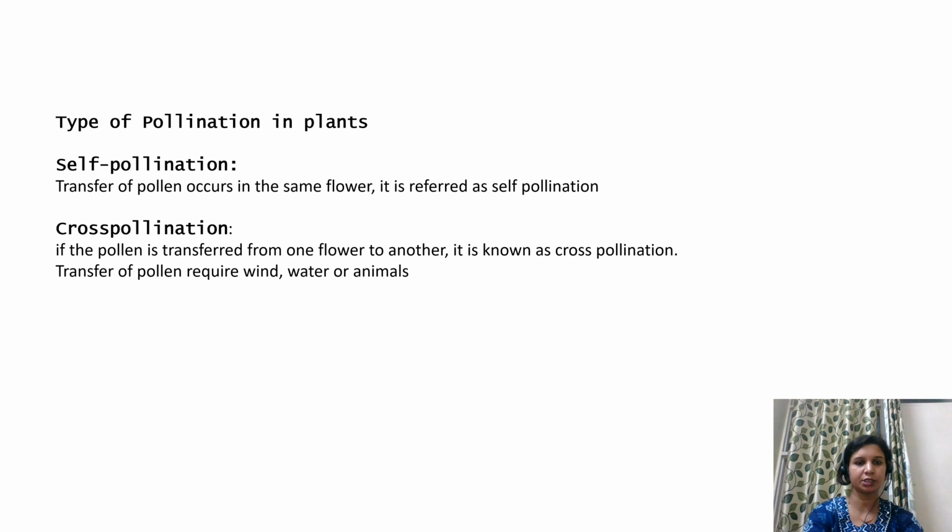Types of pollination in plants. One type of pollination is called self pollination. Self pollination means the transfer of pollen occurs within the same flower. It means the plant has to be bisexual, with both male and female reproductive parts present.